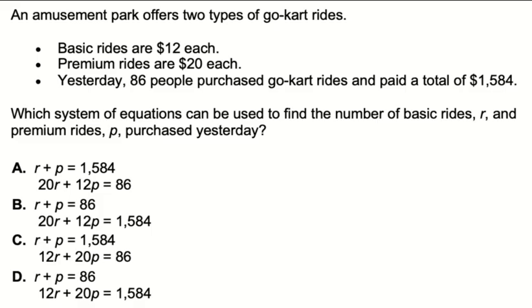We purchased go-kart rides and paid $1,584. Rides purchased yesterday, 86. So we have R and we got P, right? Those are the types.